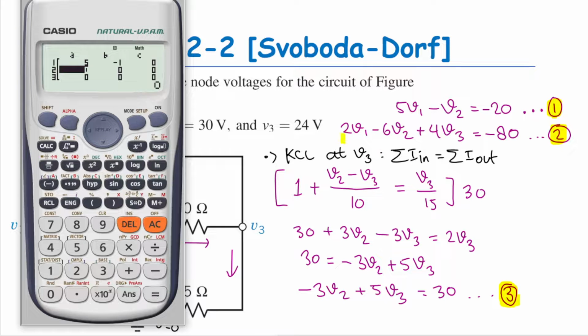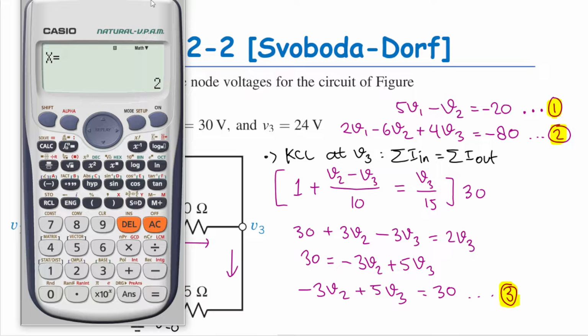Okay, good. And then the second one, we will have 2, then minus 6, and then 4, and then minus 80. And lastly, we will have 0 as the coefficient of V1 here, and then minus 3, and then 5, and then 30.